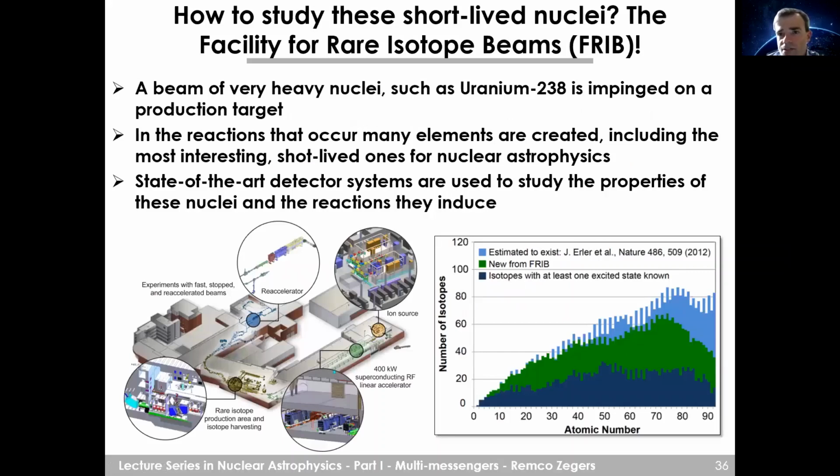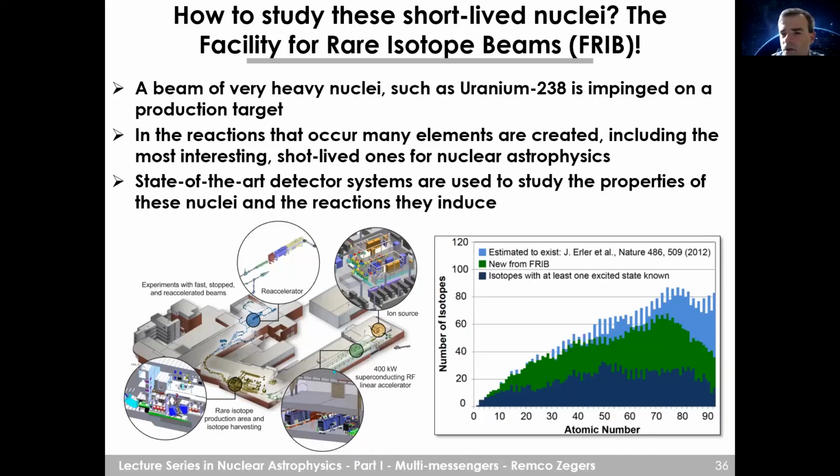So how do you study these relatively short-lived nuclei? One way to do that is with the Facility for Rare Isotope Beams, which we're currently constructing on the campus of Michigan State University. The basic idea is to use a beam of very heavy nuclei, such as uranium-238, and shoot it at a production target. When that happens, you create many different elements.